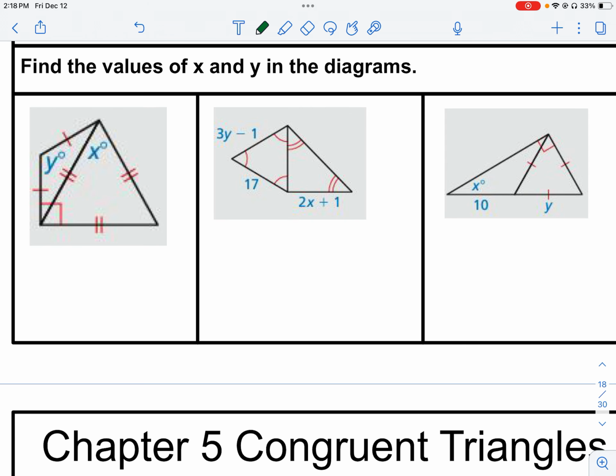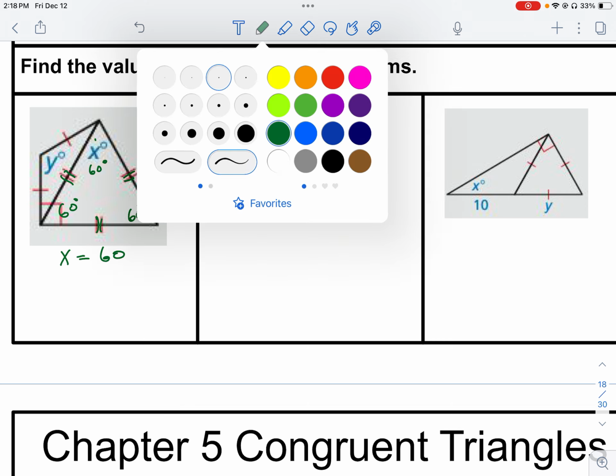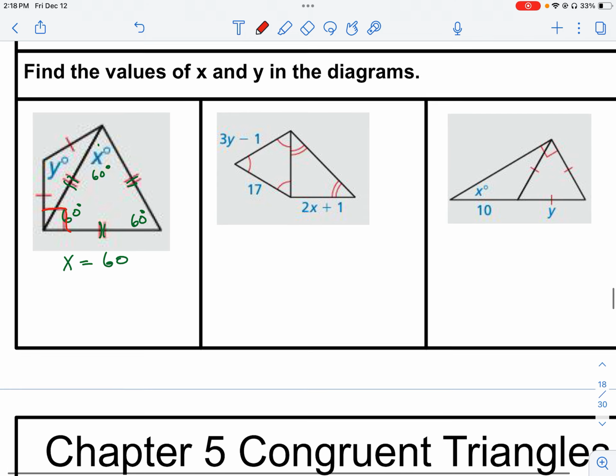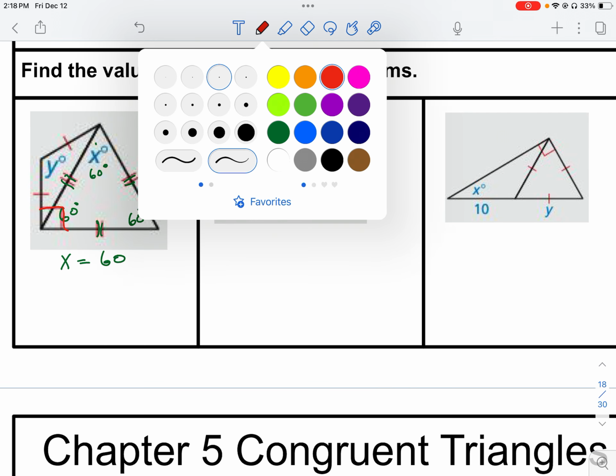All right, so x degrees, so we're talking about this angle. I've got 3 congruent sides, so x is going to be 60 because all these angles are 60 degrees. Well, right here I have a right angle, and that right angle is 90 degrees.